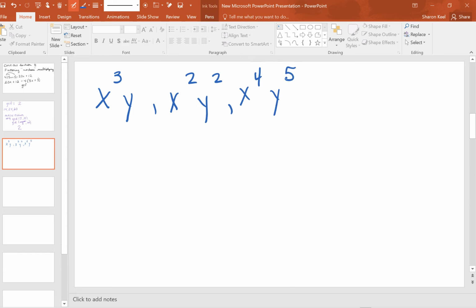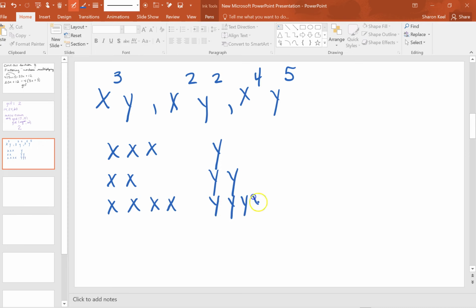If I want to find my greatest common factor for these, I'm going to show it to you first visually. The first one has 3 x's and a single y. The second one has 2 x's and 2 y's. And the last one has 4 x's and 5 y's.